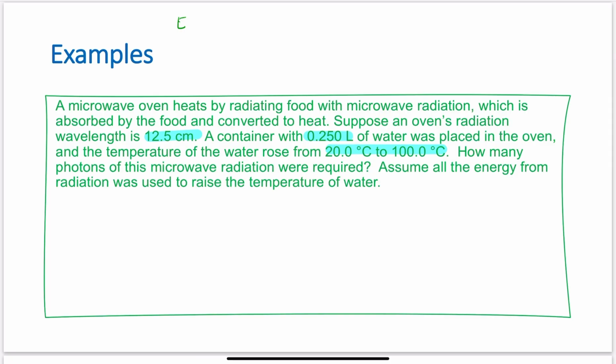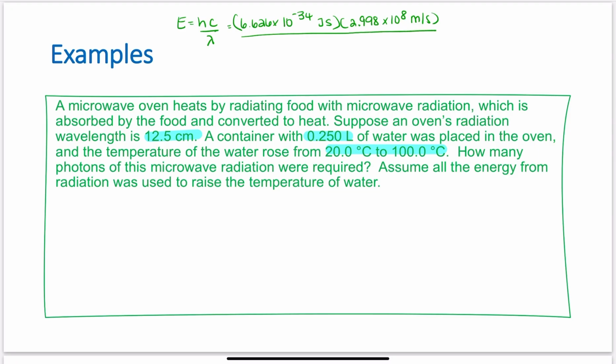So first up, let's think about the energy here. E equals hc over lambda. Planck's constant, 6.626 times 10 to the minus 34 joule seconds. Speed of light, 2.998 times 10 to the 8 meters per second.